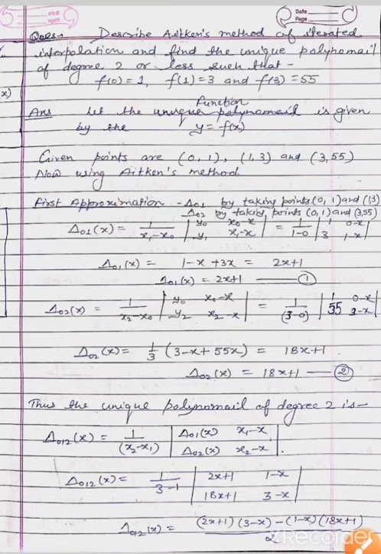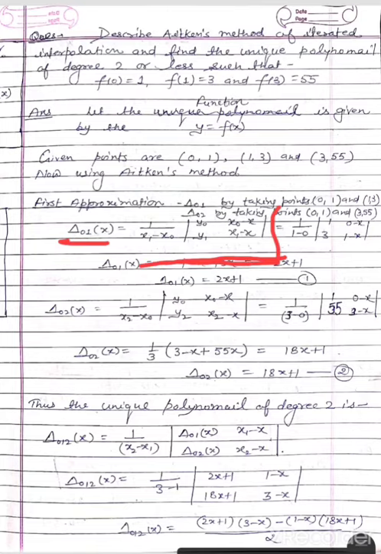So now we calculate first approximations. By using the formula, the first approximation delta 01 of x equals 1 over (x1 minus x0) times the determinant whose rows are y0, x0 minus x and y1, x1 minus x.